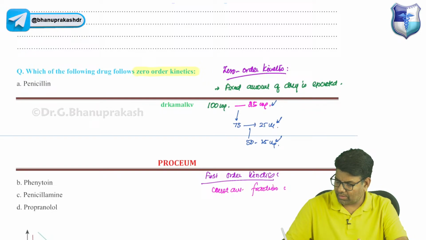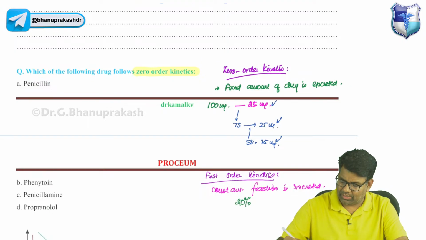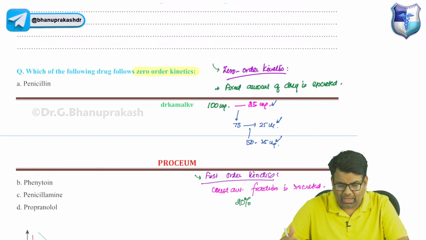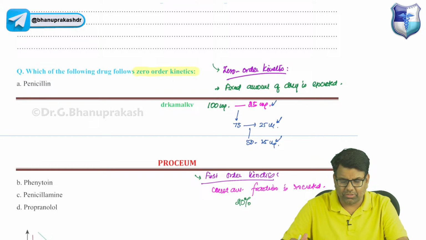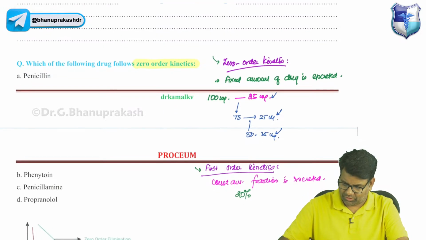It can be say 20% or 30%, whatever. So a constant fraction will be excreted in first order kinetics, and a constant amount will be excreted in zero order kinetics. So this is the basic difference between the two.